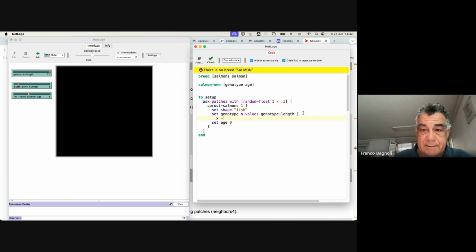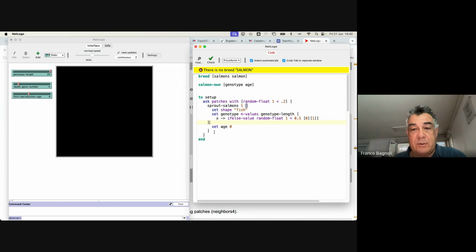Of x, which is just a placeholder, if-else random-float 1 < 0.5, 0, 1.